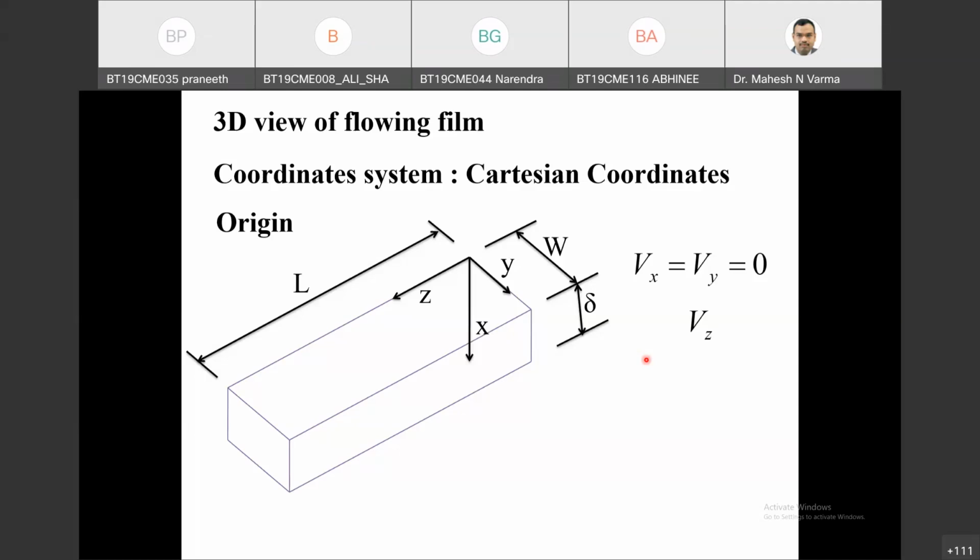No. Because of no gravity force in y direction, we don't have flow in y direction. That is the reason. So an appropriate reason should be there. Vz is not a function of y. Vz is not varying in y direction.